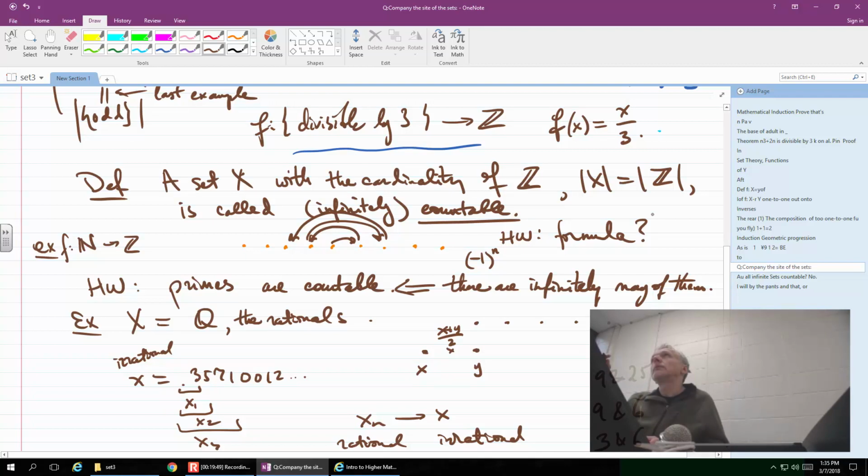You can have probably a good idea. You can have a recursive formula which is just as good. The formula I tried to do here suggests an explicit formula in terms of n, but you could go recursive. You know what recursive is? You find the next element based on the current element.